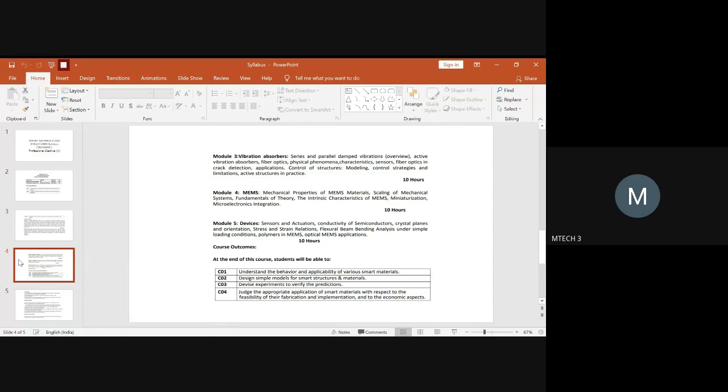In smart materials, ma'am? Yes, in real-time applications also you need to correlate. If you get any case studies where they have already implemented it, you can get the data from it and show how they are successfully utilizing these active vibration absorbers in some applications.